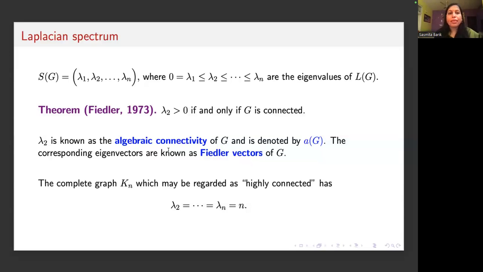How the graph behaves, you can conclude by looking at the algebraic connectivity, other eigenvalues and the Fiedler vectors. Fiedler vectors are much more important these days due to applications. I'll cover the applications maybe in the next class, but I just want to say that these are very much related to graph structure.